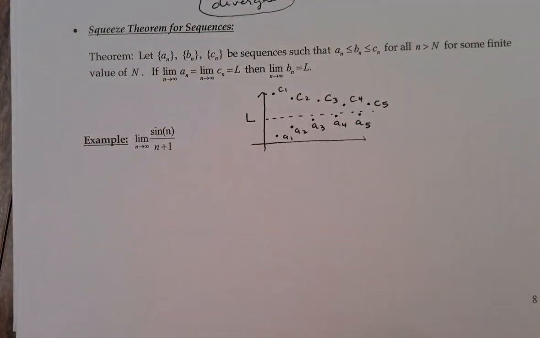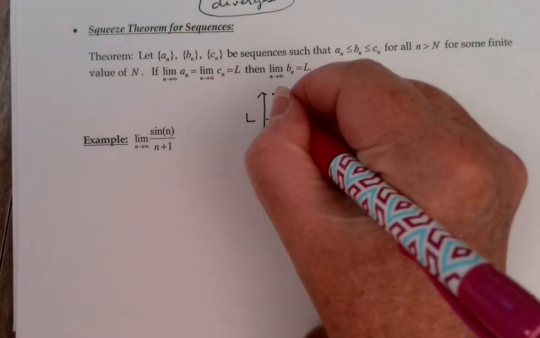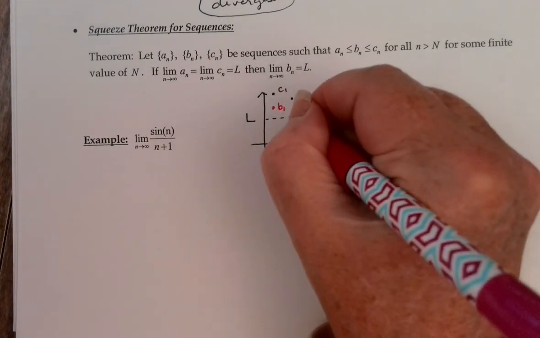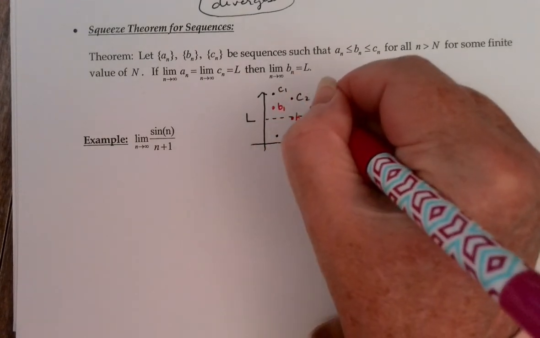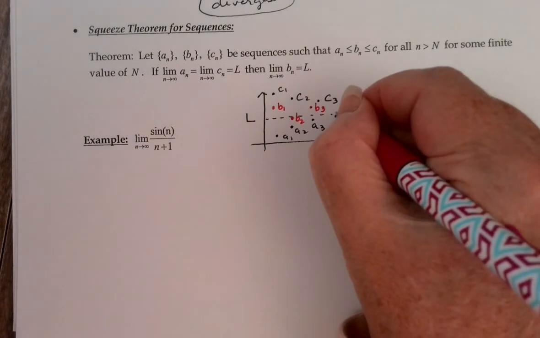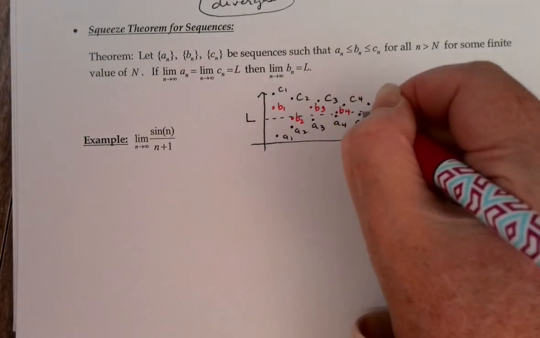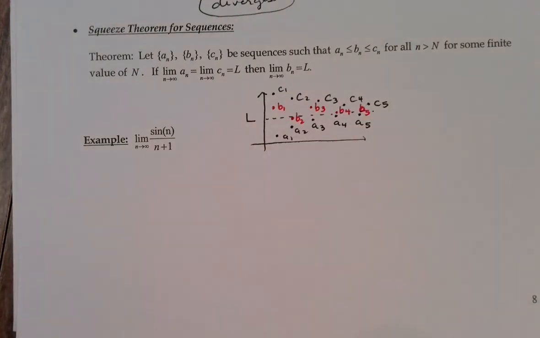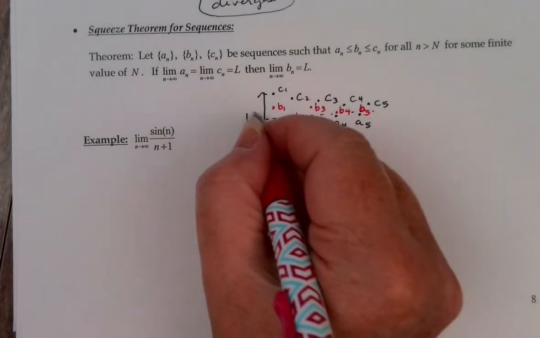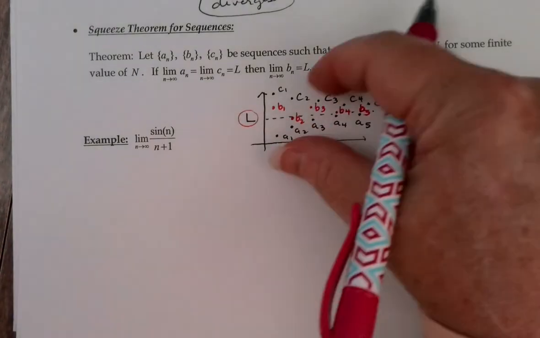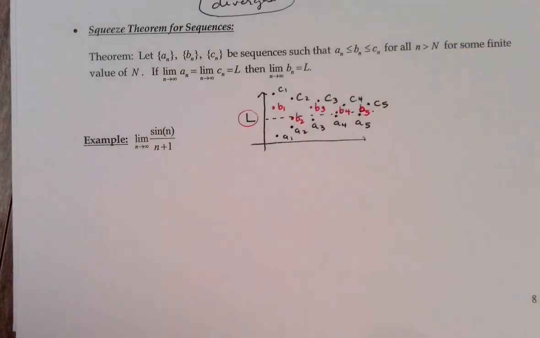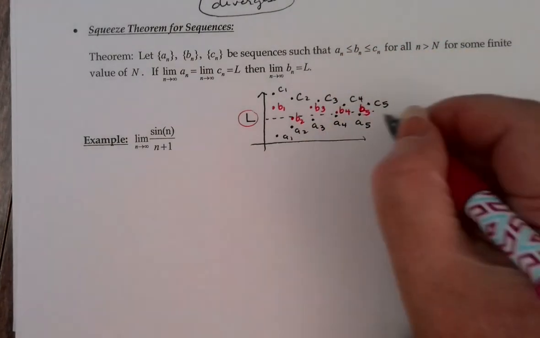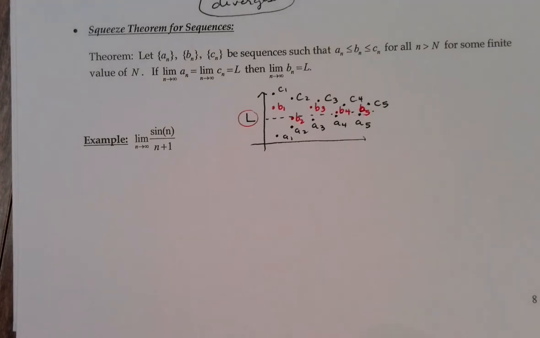Now our B's have to stay between the A's and the C's. They can bop around a little bit, right? There's B1, let's say this is B2 and B3. But notice that in order to stay between the A's and the C's, the B's are going to have to stay really, really close to that horizontal asymptote, that limit of L as well. They're literally getting squeezed down in between the A's and the C's and ultimately have no choice but to approach L.